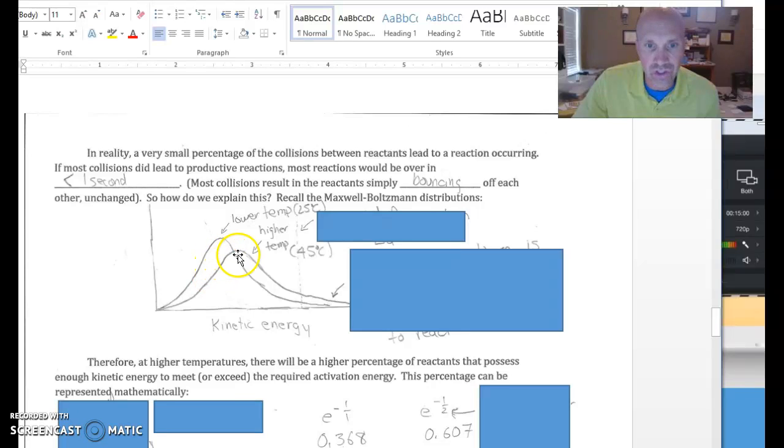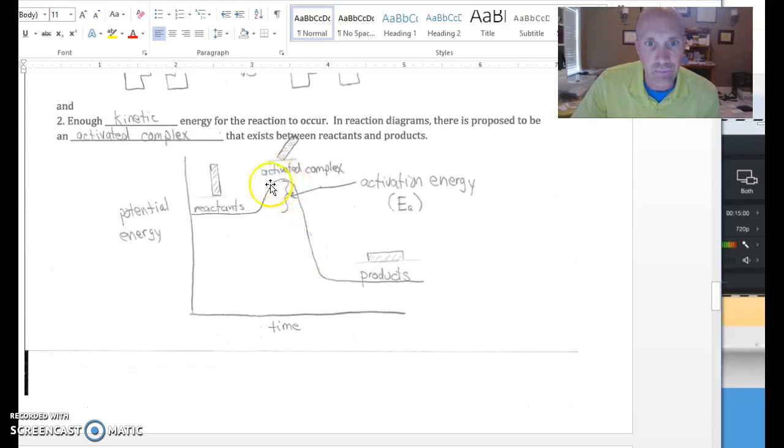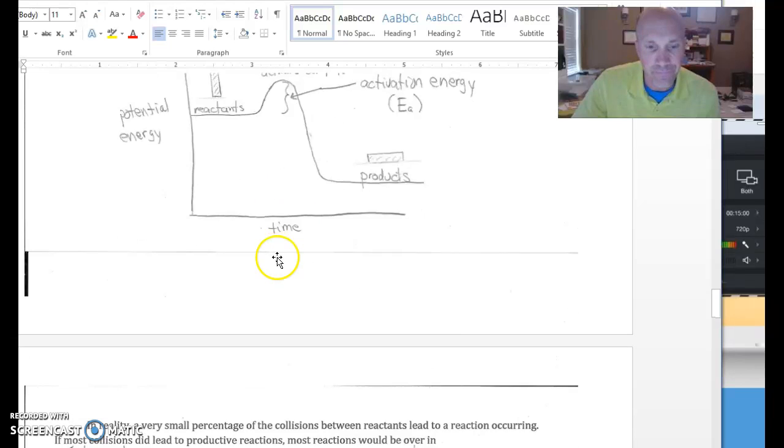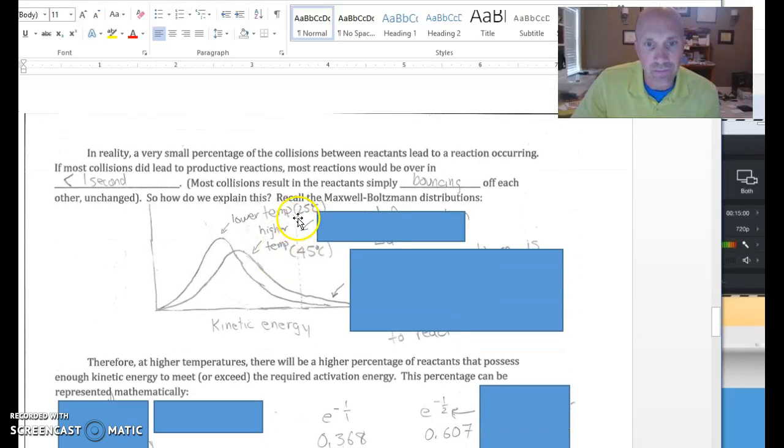The distribution shifts a little bit this way. This dotted line represents the amount of kinetic energy required for the reaction to occur. Any molecule at or to the right of this dotted line has enough energy to react.